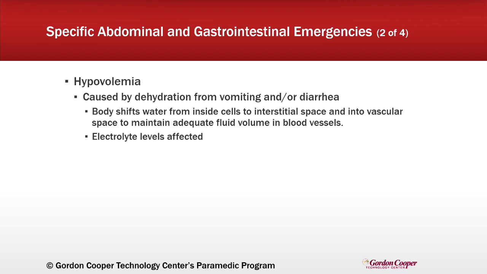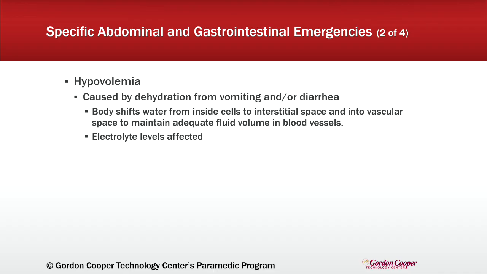We typically associate hypovolemia with bleeding, but it can easily be caused by dehydration due to vomiting or diarrhea. So we need to keep that in mind, especially when we're looking at GI related issues. When this happens, the body tries to compensate by shifting water from the cells to the interstitial space and then into the vascular space to try to maintain that blood volume.